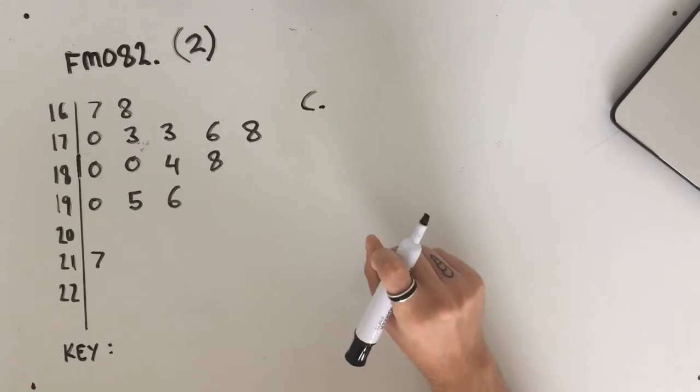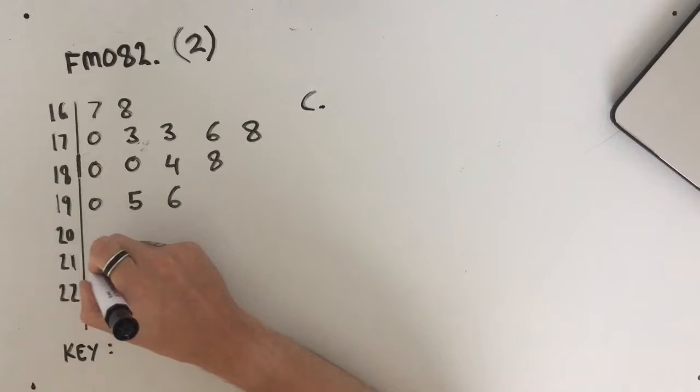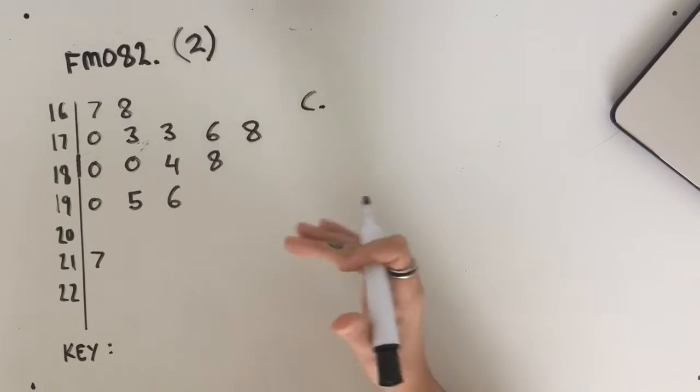So we need to use our fences to show that 21.7 lies above our upper fence.